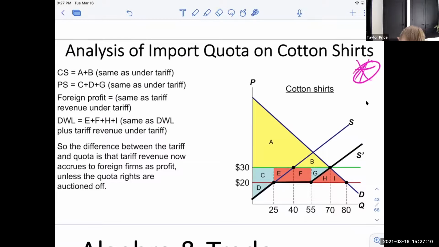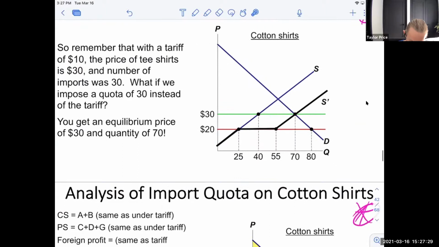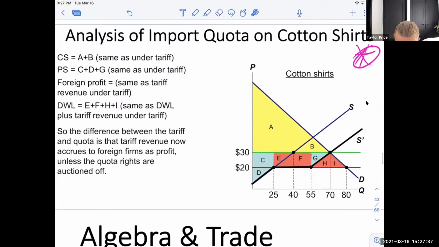We have this new curve here that's effectively our supply curve after the quota. In this case, the government is going to allow a specific number of imports. So the government's going to allow 30 imports of t-shirts into this country.